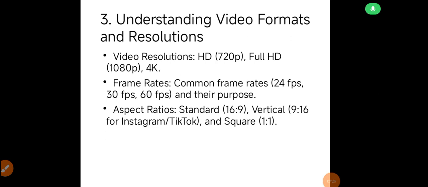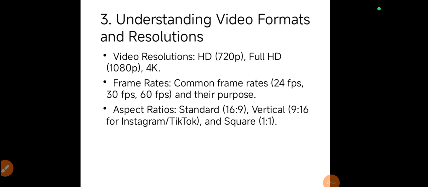And the last part is aspect ratio. We have the standard, we have the vertical. When we talk about standard, we are talking about the 16:9 format. This format is usually used for YouTube videos. We have the vertical 9:16, which is used for Instagram and TikTok, and we have the square ratio.